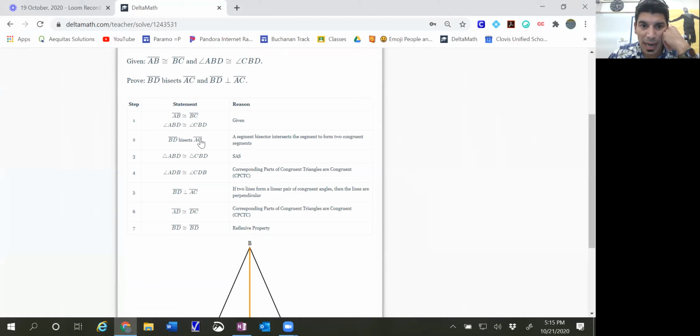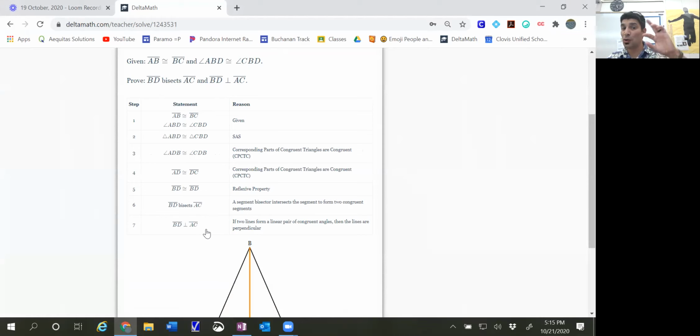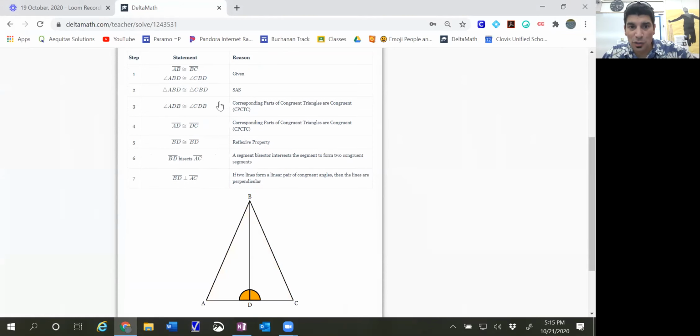So I might have this one at the bottom, or I might have the BD is perpendicular to AC at the bottom. I'm not sure whether it's going to be this one or something different, but that just kind of gives me an idea.